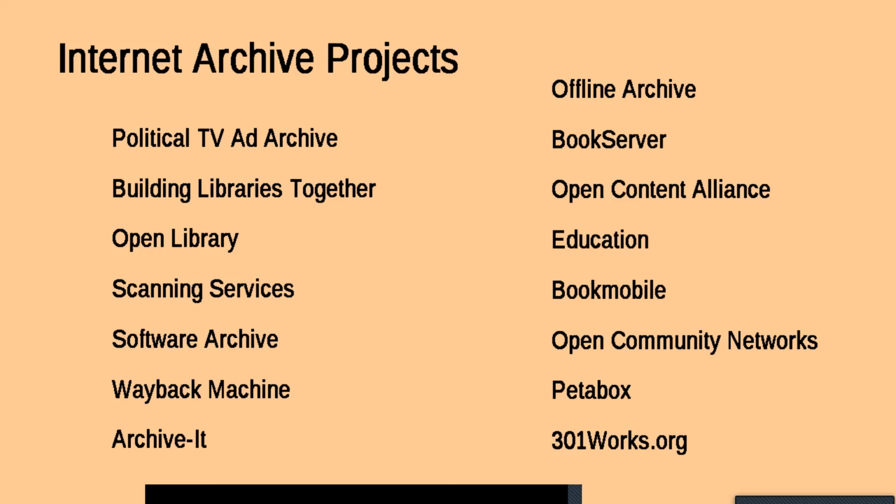But the Petabox is interesting. I'm going to say something about that later. And the 301 Works, what they do is keep track of those tiny URLs. When people use the shortened URLs, they have a big database of these shortened URLs so they don't get lost, and people will always know what the actual URLs were.